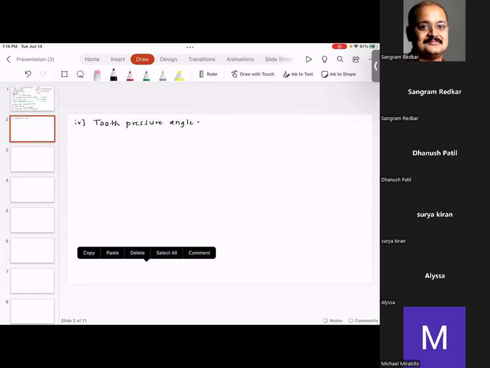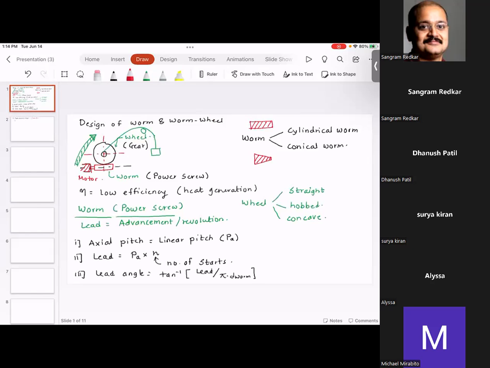Please look at table 31.1. For this, you have the lead angle, and I just need to give you a pictorial representation.